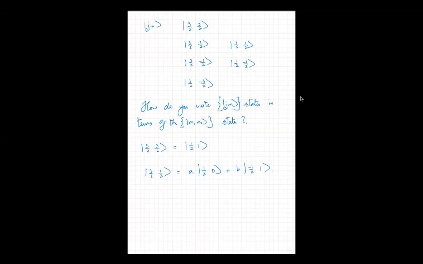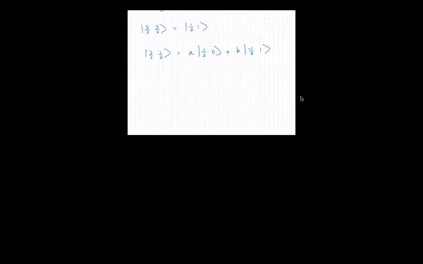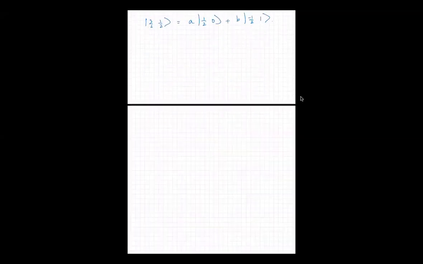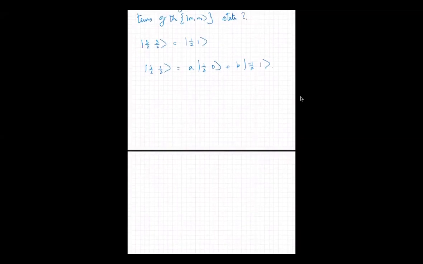Okay. So how do I actually do this? Well, one can always write this 3/2, 1/2 state by starting with the 3/2, 3/2 state and applying the J minus operator, right?